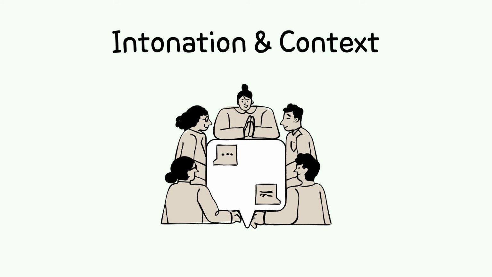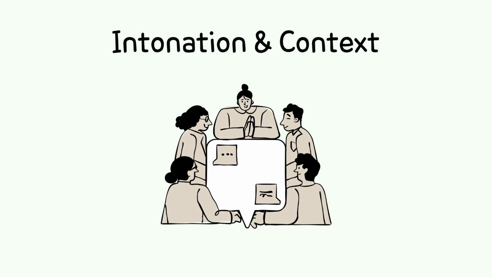You might be wondering why I'm talking about intonation and context as I explain 는 and 이/가. That's because understanding the importance of context and intonation is the key to using 이, 가, and 는 correctly. Korean is all about intonation and context.